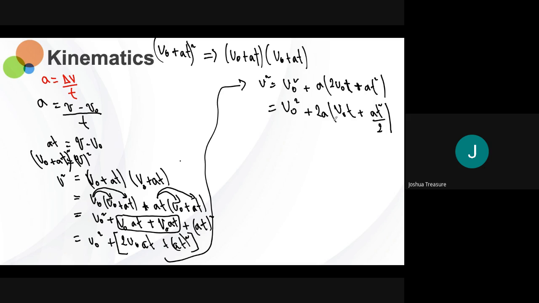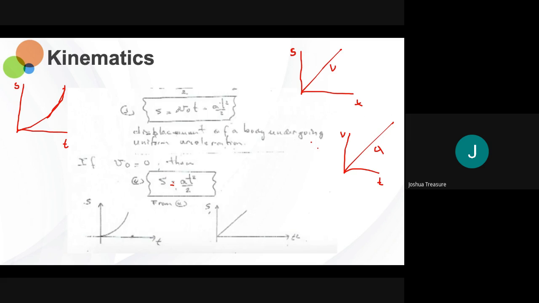Now, does this look familiar? This right here? Yes or no? Looks like this equation, right? Yes, sir. All right, so we have V0T minus AT squared. Or this should be plus.